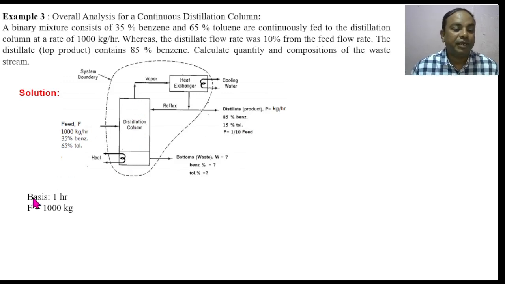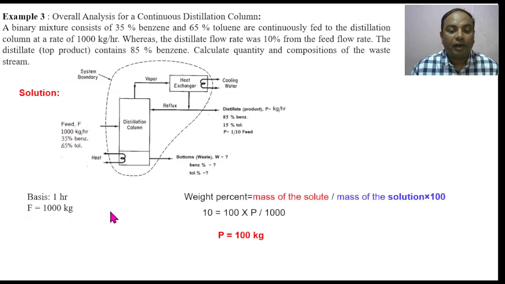So here the basis of calculation is 1 hour, and the feed entering is 1000 kg. Then we will make the calculation for P. How can this P be calculated? We have one formula. What is that formula? Weight percent is equal to mass of a solute divided by mass of the solution multiplied by 100.